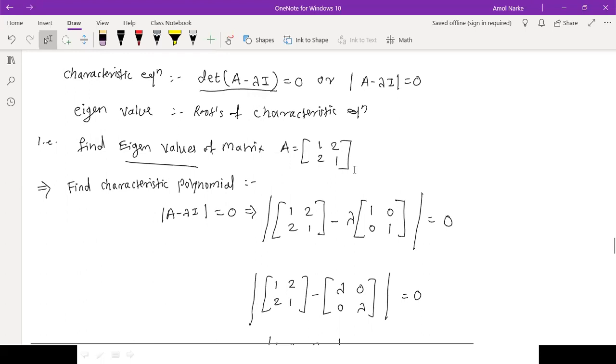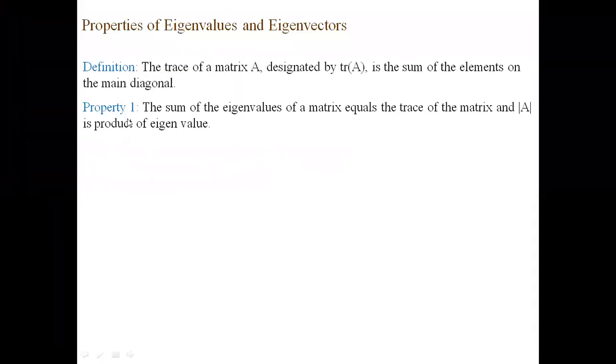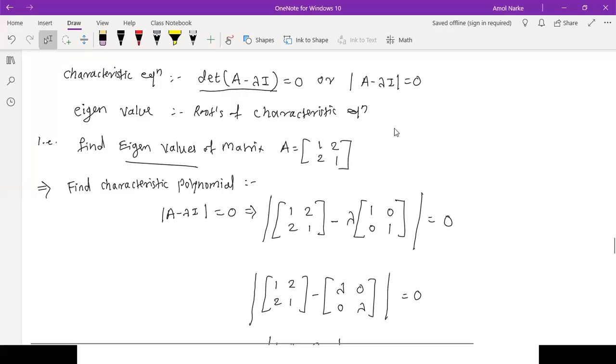Okay. Now the second property. The sum of eigenvalues of a matrix is equal to the trace. Write down only the first one. The sum of eigenvalues of a matrix is equal to the trace. Right now we have an example. Let's cross check that. Here, what is my trace?